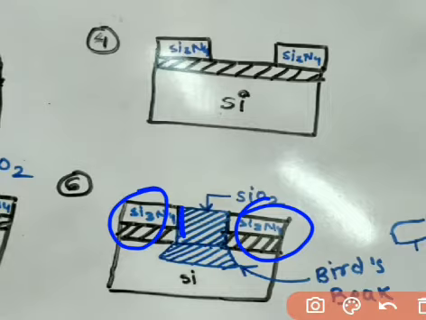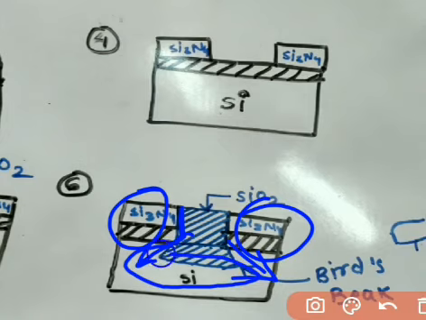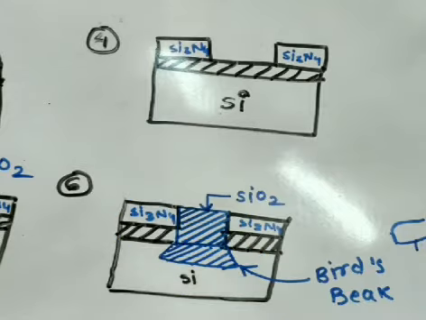So it is possible that the direction of oxidation is this and this. Due to this type of oxygen direction, a beak-like structure is formed. This structure resembles the beak of a bird. That's why we call it the bird's beak problem.